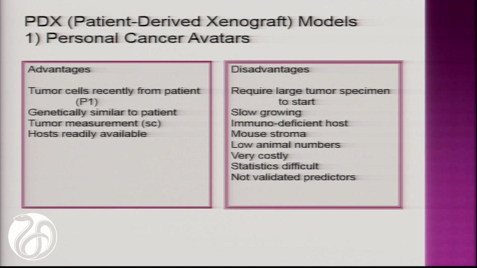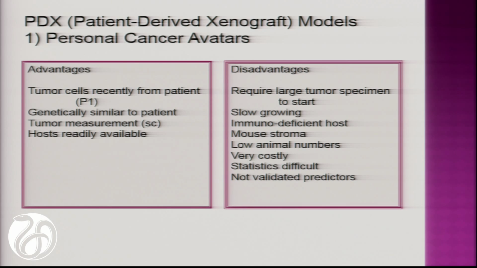So in this case, we have to start with a relatively large specimen of the patient's tumor, usually from a surgery, and implant that directly into mice and, cross your fingers and hope it grows. And you have to start with a relatively large number because you want to be able to use the tumor cells. That's called the P0 passage.